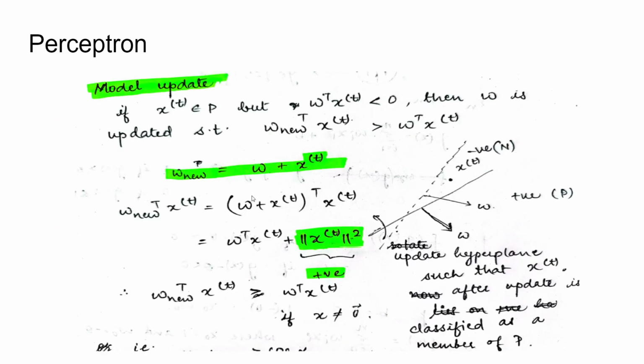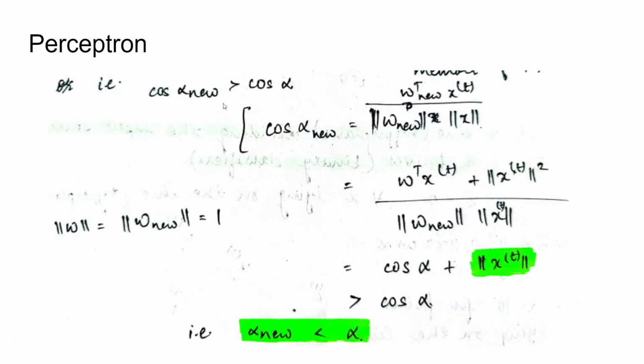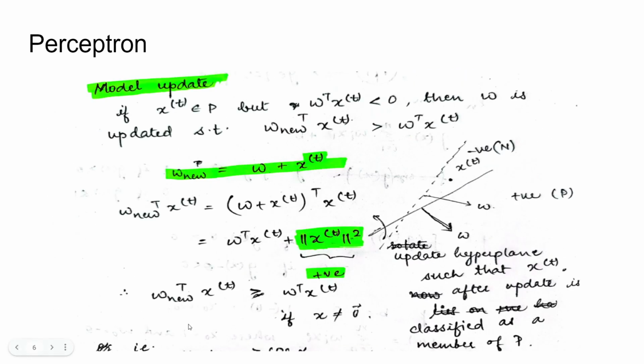So if you see this equation, it says that w new transpose x of t is greater than w transpose x of t, and if you just apply the simple dot product formula, it will be norm of w into norm of x into cos alpha new, and this will be norm of w into norm of x into cos alpha. Which means that cos alpha new has to be greater than cos alpha if we put a constraint that the norm of w new and w will remain the same.